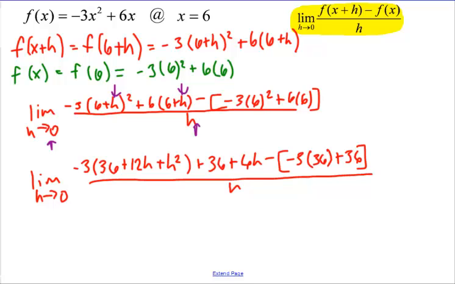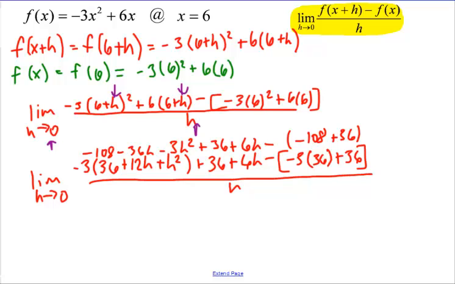And when I distribute through my negative 3, this gives me negative 108 minus 36h minus 3h squared plus 36 plus 6h minus, and this negative 3 times negative 36 is negative 108 plus 36.